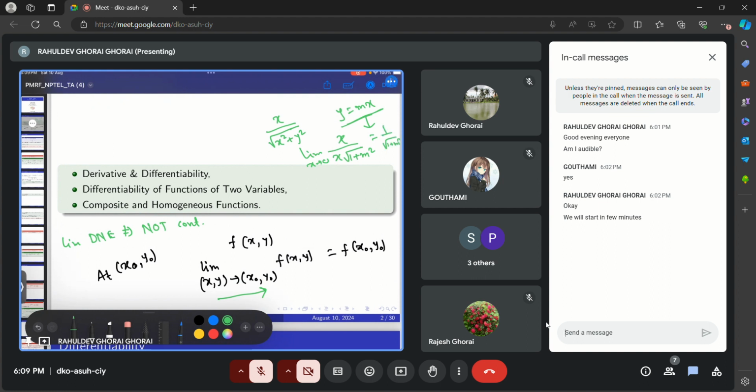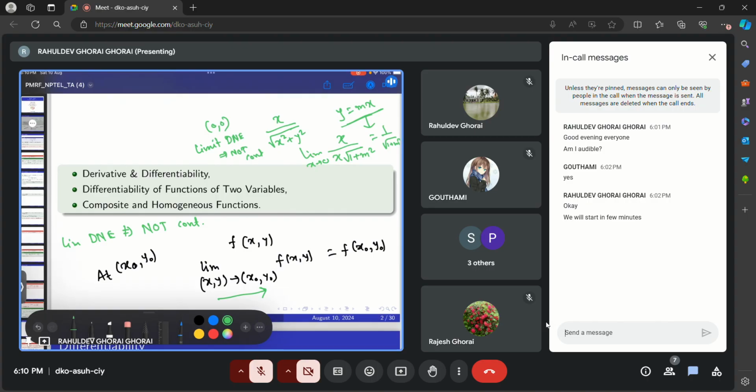So changing the straight line gives you different limits, and the limit does not exist at 0, 0. That implies it is not continuous.